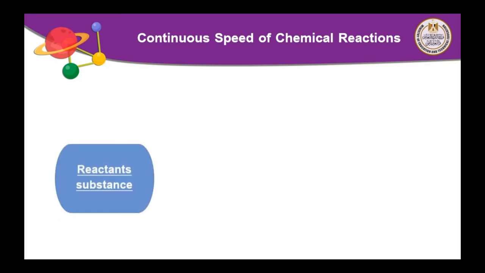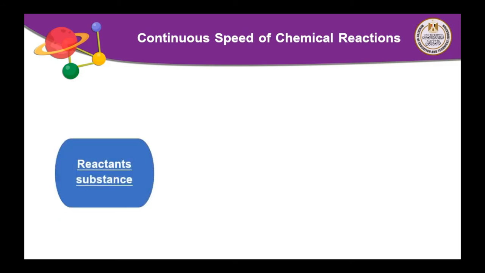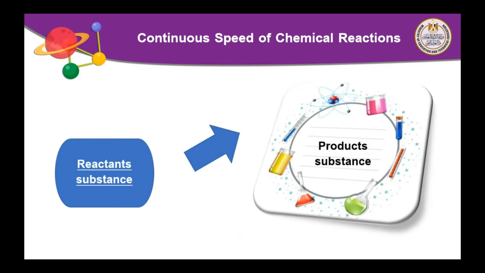In the first part of this lesson, we make a revision about the first part of lesson 2. We know that any chemical reaction consists of two parts, reactant and product.